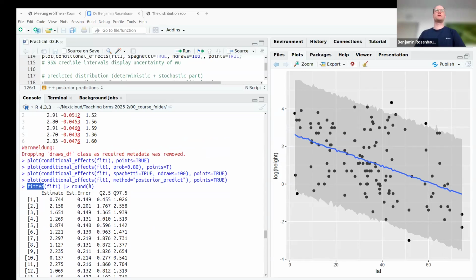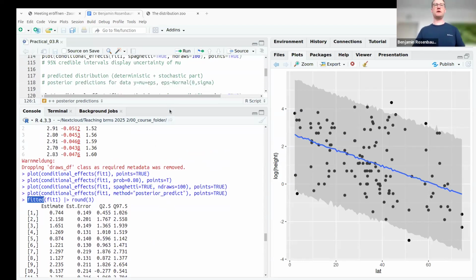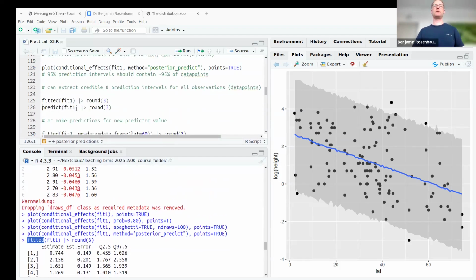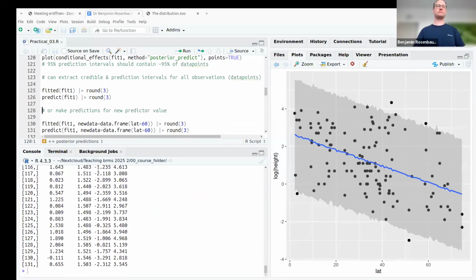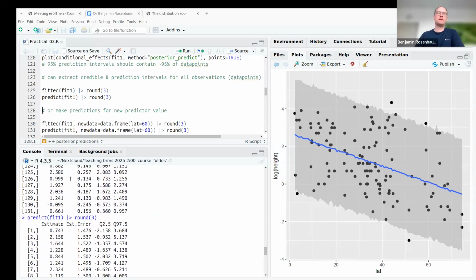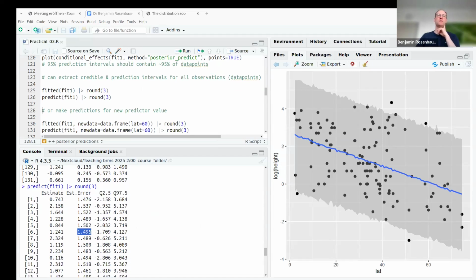However, this is the fitted, so it just uses the regression part, so just the linear part, and not the residual uncertainty, whereas the predict part also includes the residual uncertainty, and you see that here the estimation error, so the standard deviation here, is kind of low, and the standard deviation part here is higher because it also includes the residual uncertainty.